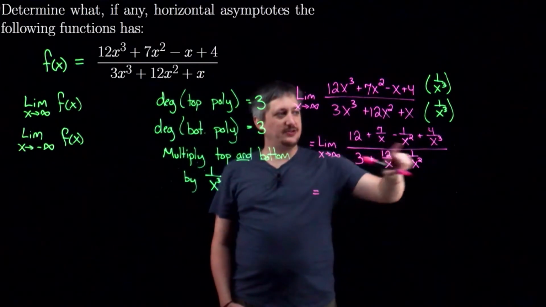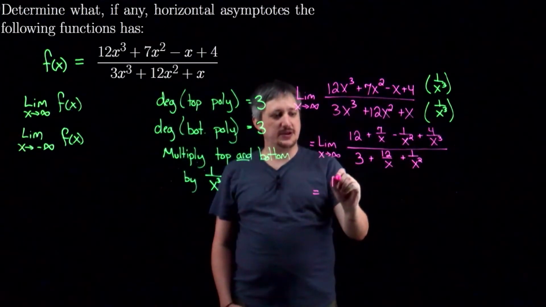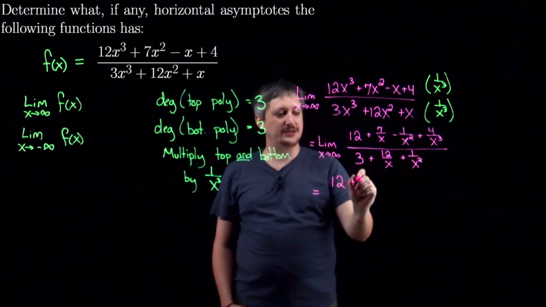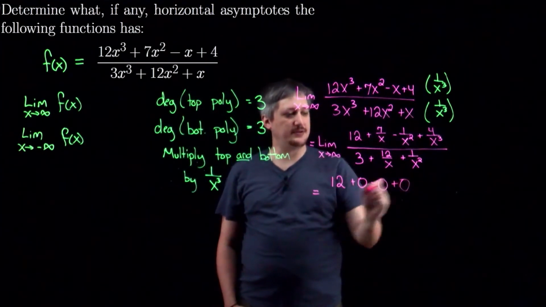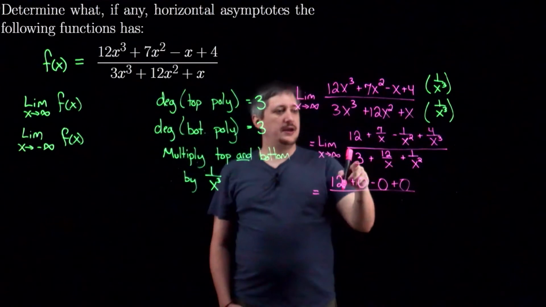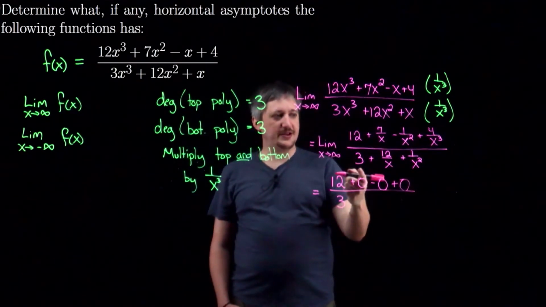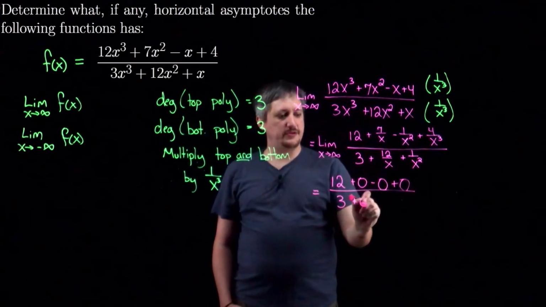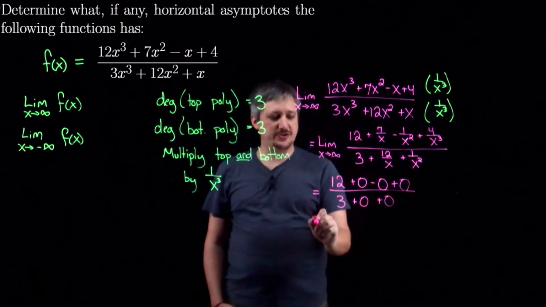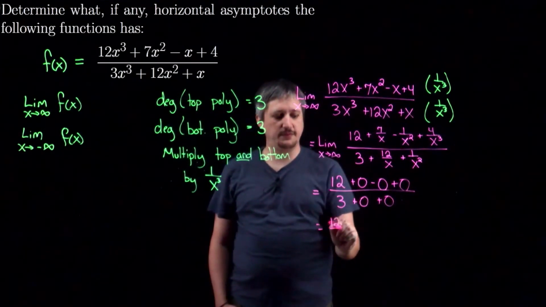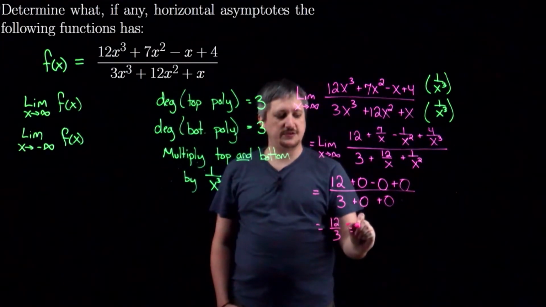The 12 stays, the rest of it goes to 0, so I'm going to get 12. You don't have to write the plus minus 0, but I'm going to do it just so it's clear what's happening. And on the bottom, the 3 also stays, and I get plus 0, meaning that really this is just 12 divided by 3, which is just 4.